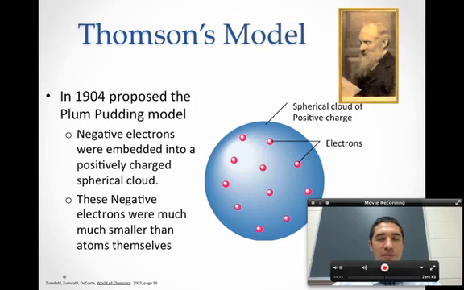And this positive stuff had all these little negative charges, which in that day looked kind of like plums, in this big spherical positive charge. And so he assumed that these negative charges were much smaller than the atom itself, and he also assumed that these things could be moved because that's what he observed when they ran the electrical current from one plate to another.